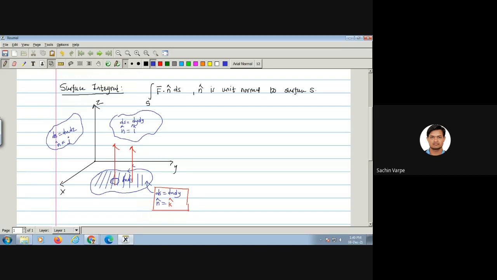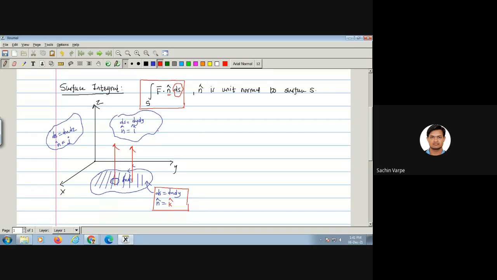Is this clear? Yes, sir. So this is the general definition of surface integral. Surface integral is defined as the normal component of f bar, but the normal vector we get according to the surface S where it is defined, and accordingly we have the area element also.